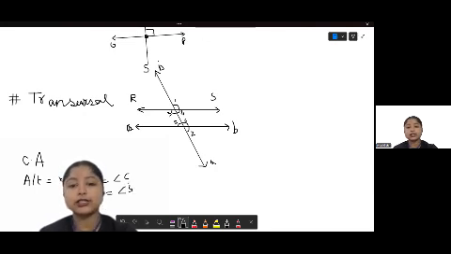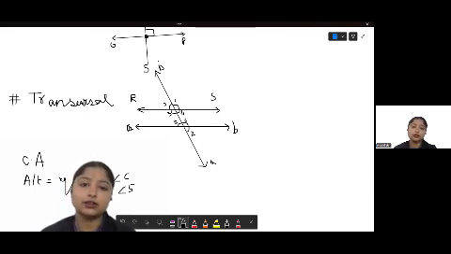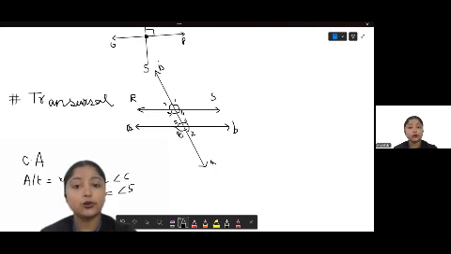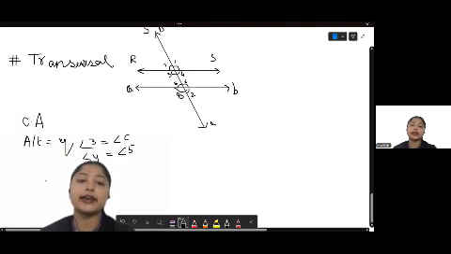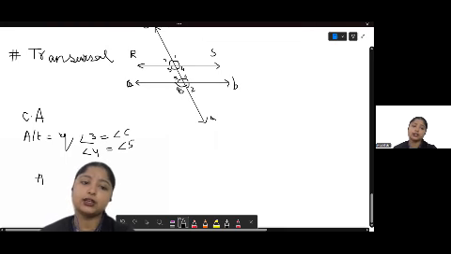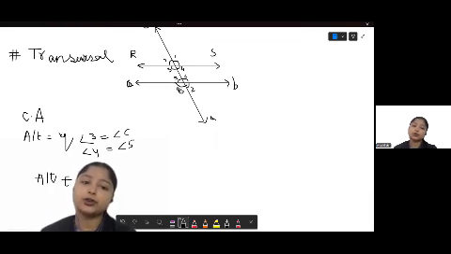The next is alternate exterior angles. That is this, let's call it angle 7, and this exterior one, let's call it angle 8. So they are also equal. Alternate exterior angles are also equal.